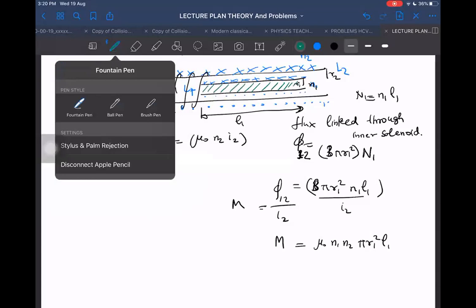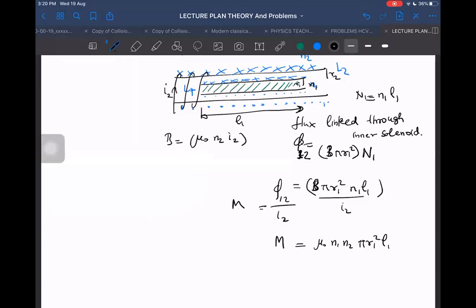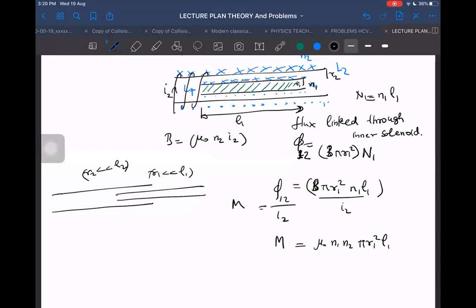Even if I ask you this question, where one solenoid is not completely overlapping with the other, but is partially overlapping like this, as long as both the solenoids are big, as long as R2 is very, very small compared to L2 and R1 is very, very small compared to L1, then I need to see only this volume of overlapping.